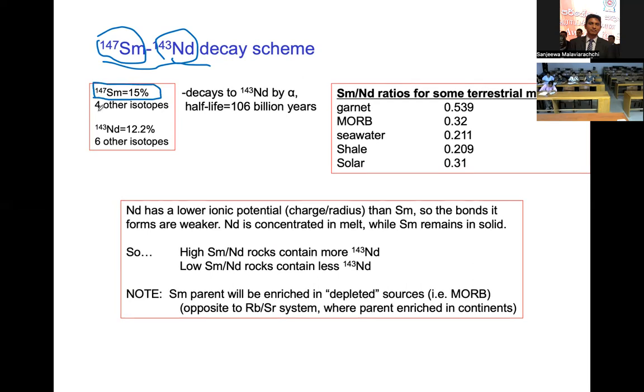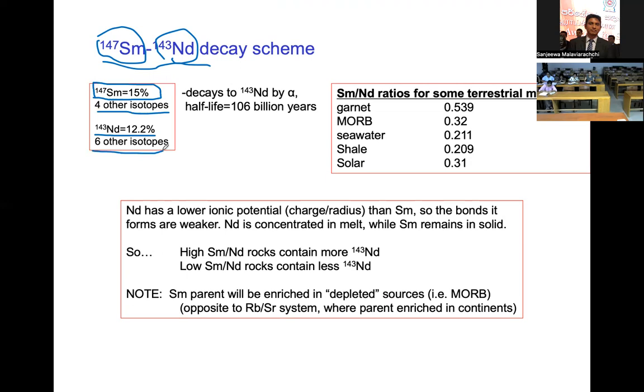In addition, there are 4 other isotopes in the samarium family. And 143 neodymium, you can find about 12.2% globally in planetary materials. And there are 6 more isotopes of neodymium, right?